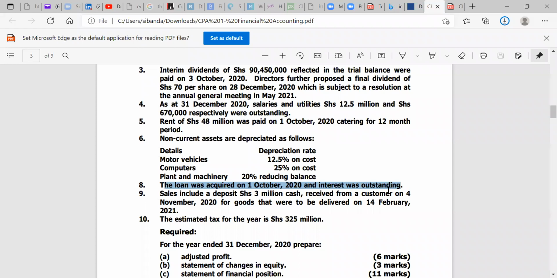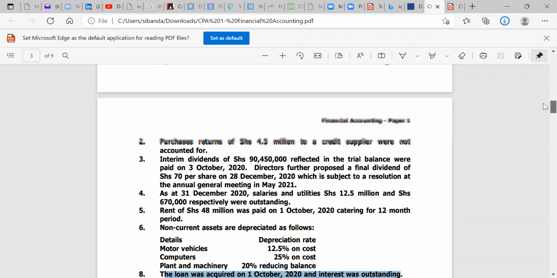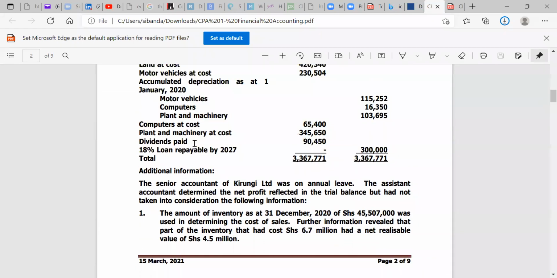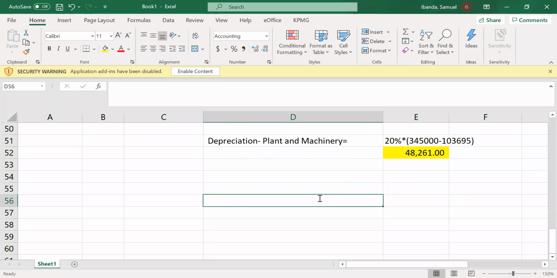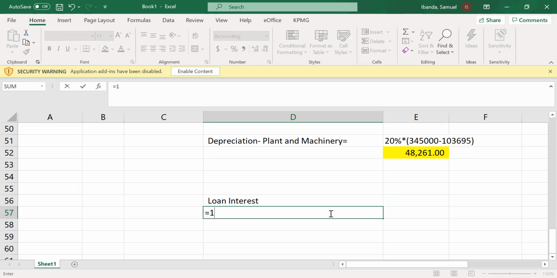Okay. So our loan has an interest of 18% and it's worth 300,000. So if I'm trying to calculate my loan interest here, it will be basically 18% times 300,000.